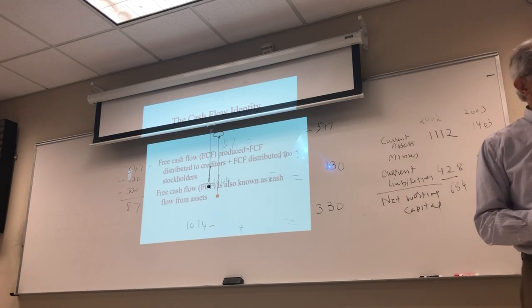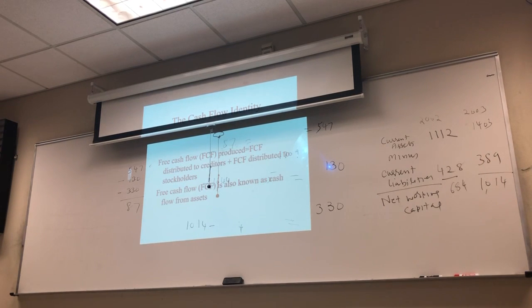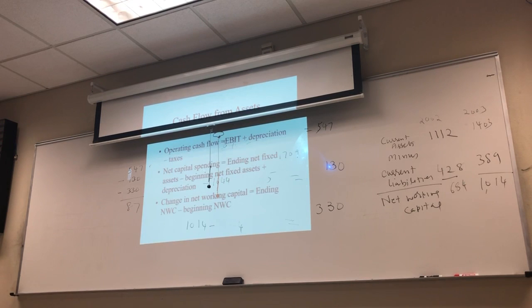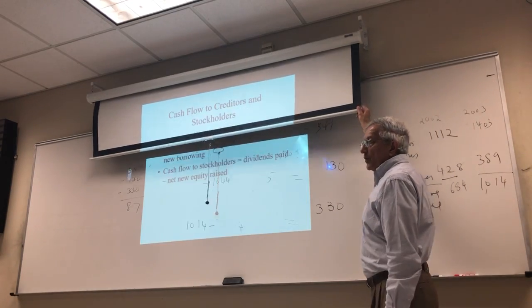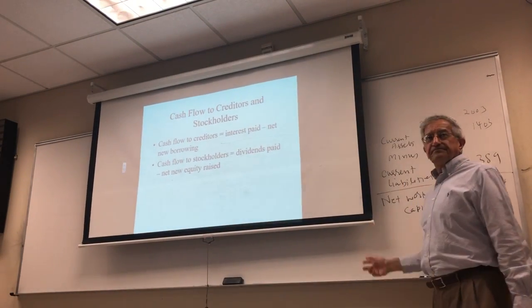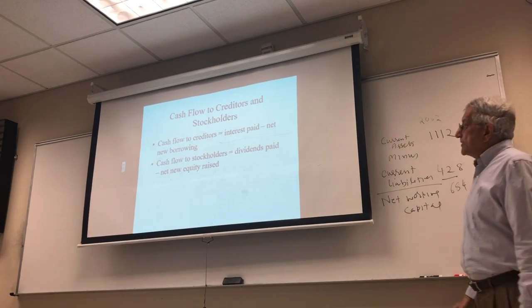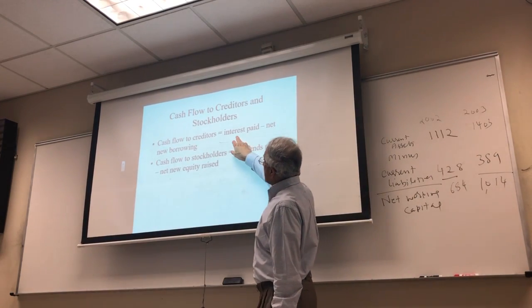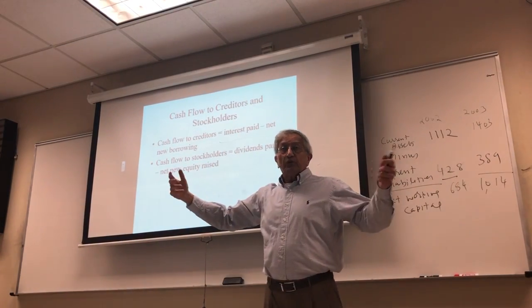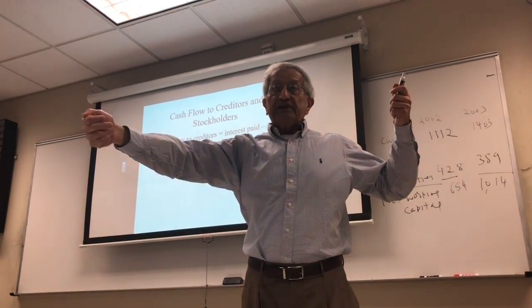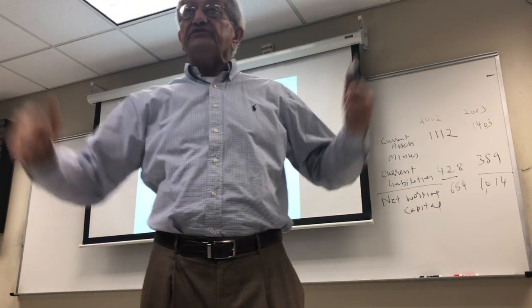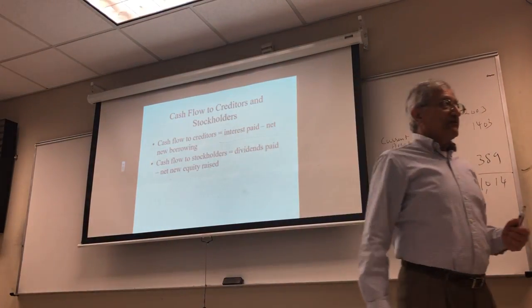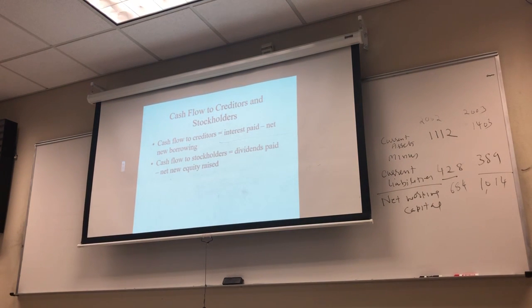So let's find out what portion goes to lenders. So I need to expand the right-hand side. How do we find out what portion goes to lenders? So this last slide tells us how this is divided. Okay. So what you need to find out is interest paid. The way you distribute funds to your lenders, creditors, is by paying interest. So let's find out what interest was paid.